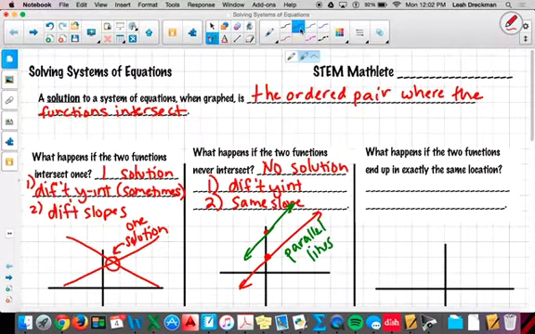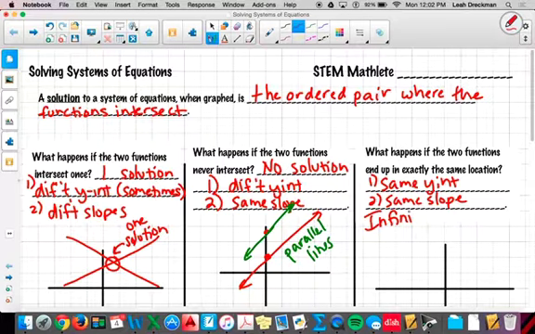The last situation, what happens if they end up in exactly the same location? Well, then they have the same y-intercept. They have the same slope. And we call this set of solutions infinitely many solutions, for the same reasons I showed you in the video yesterday.